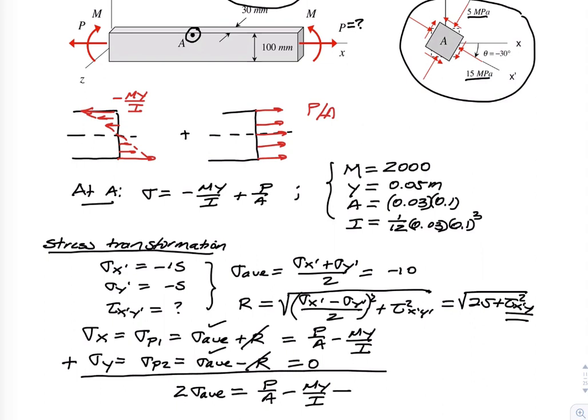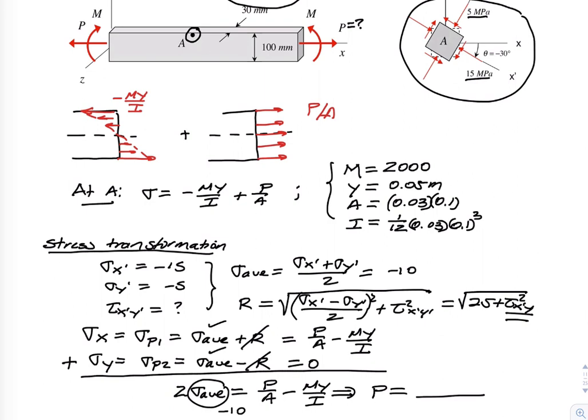And then it's a simple matter of taking this. We know that sigma average was equal to minus 10 and all the other stuff there. We can see here that P is given by this. So really the basic idea here is that by looking at the physical loading on the beam, we know the orientation of our principal axes, x and y.